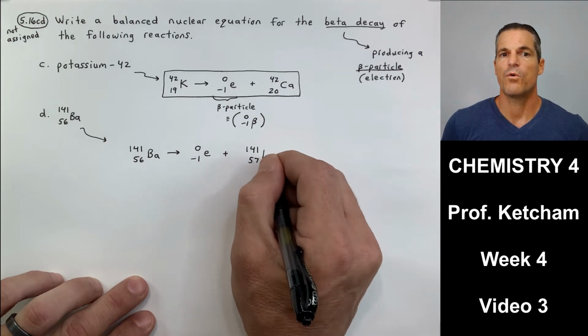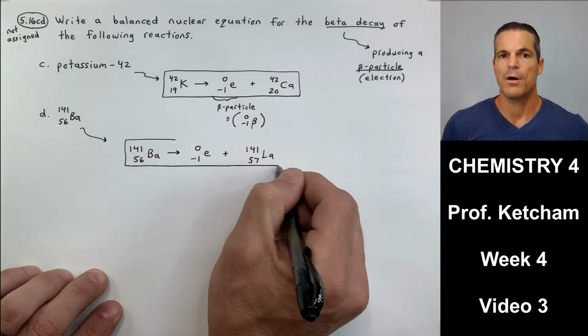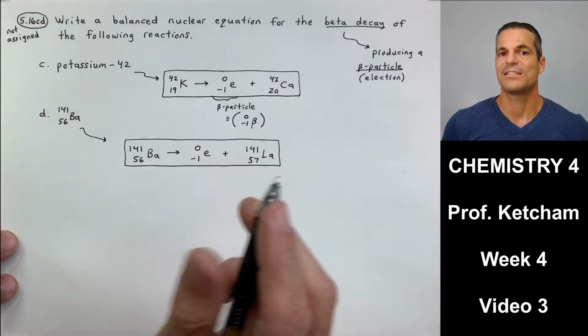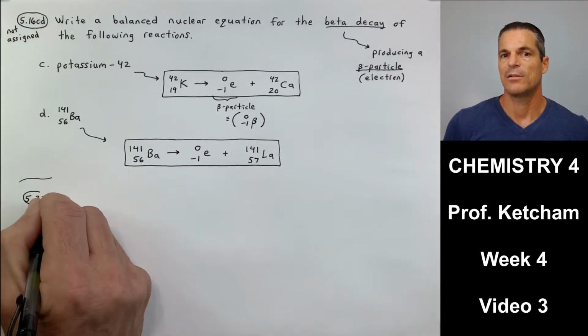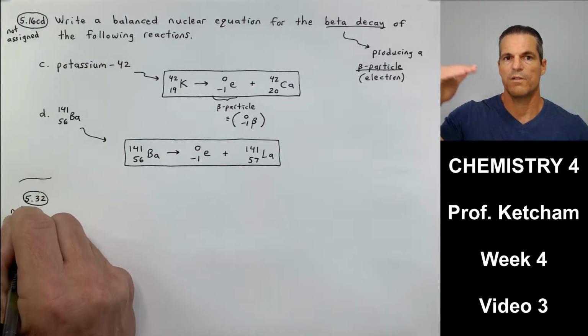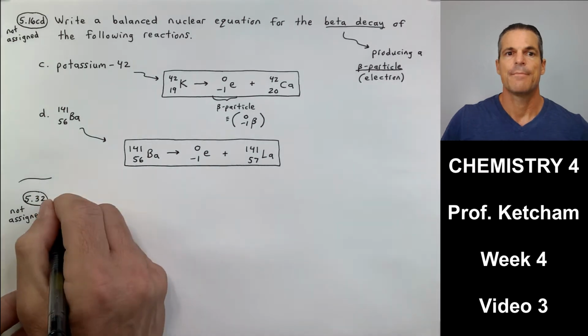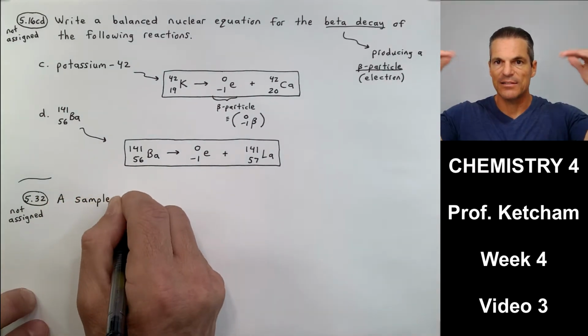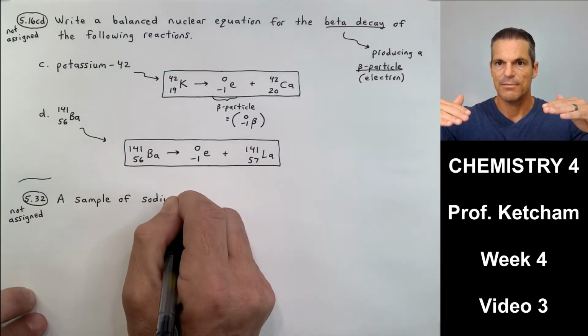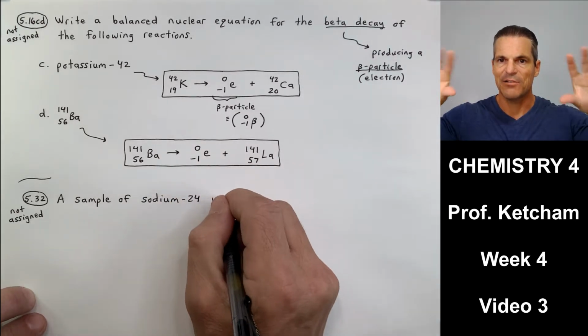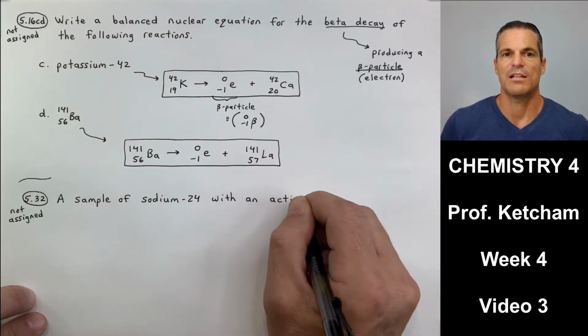For barium 141, if I produce a beta particle, I am left with a second product of lanthanum 141, which is 141/57 La. The A's on top and the Z's have to be equal on the left and on the right of each equation.